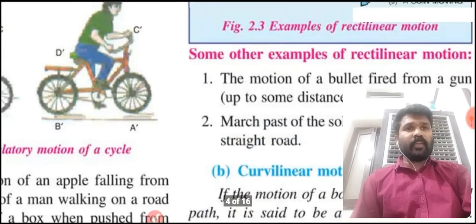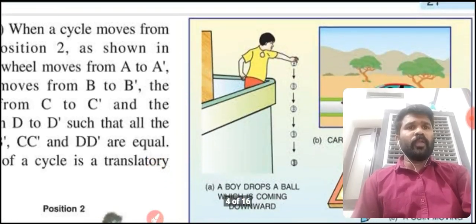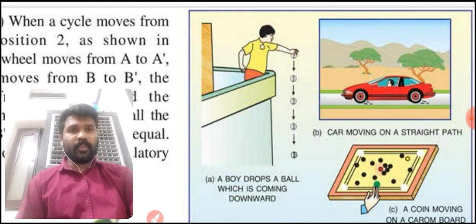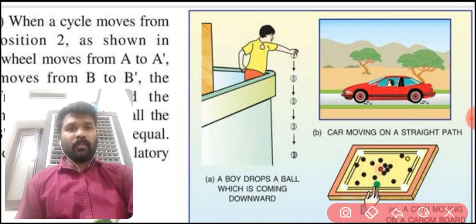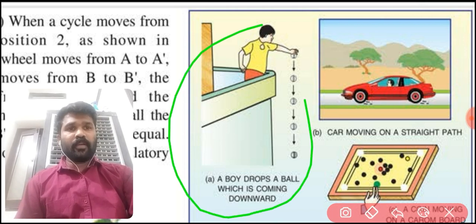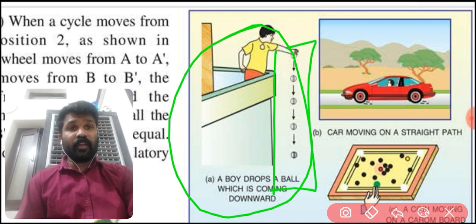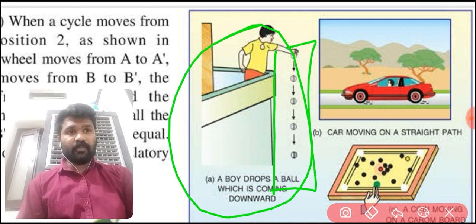Here are the examples. You can go through these diagrams. First one, a boy drops a ball which is coming downward. Just observe it, it is a straight line, so it is a rectilinear motion.